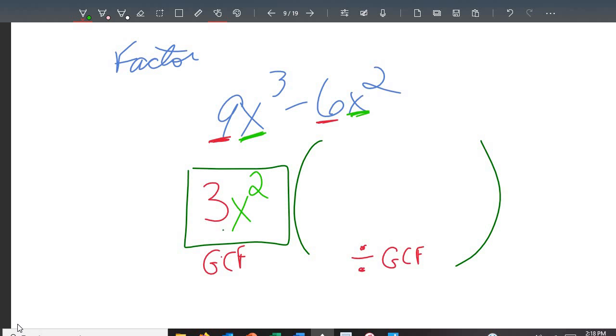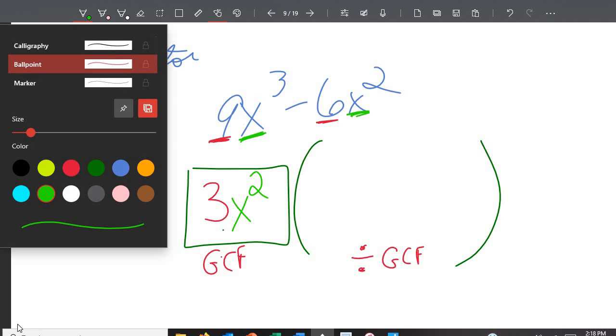Now, what we're going to be doing is dividing each coefficient by 3 and taking 2 X's away from each term. That's why when we're dividing, we're taking X's away. So of course, 9 divided by 3 is 3.